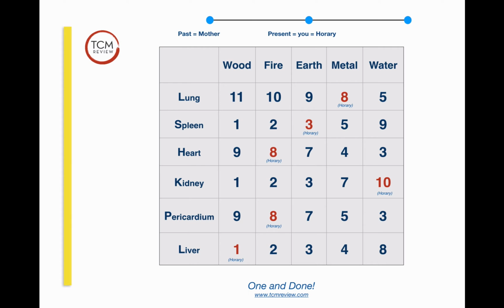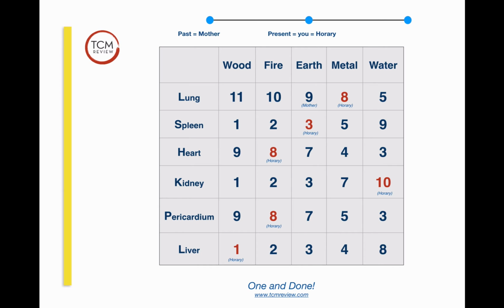Next, we're going to look at the mother point. The mother point is 1 generation before us, so it's in the past. So when you're thinking of a timeline, everything to the left is the past, everything to the right is the future. And so here we have the lung mother is 9. It's 1 to the left of the horary point.